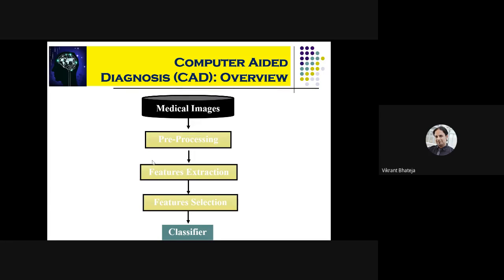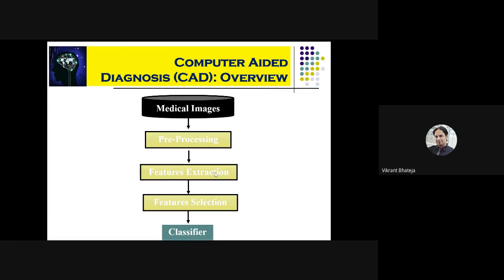Say you have a repository of medical images, then pre-processing is performed, feature extraction is performed, followed by feature selection, and then there is a classifier or a machine learning stage where you classify the particular anomaly, say whether the particular region is cancerous or non-cancerous, or whether it is normal or abnormal. Now, this is the general CAD diagram which is known.